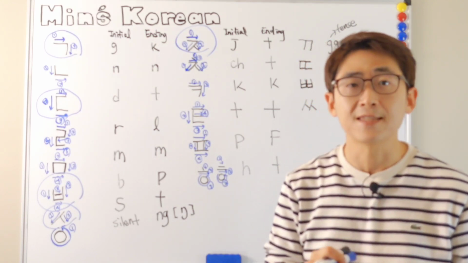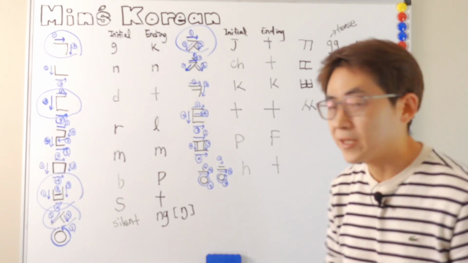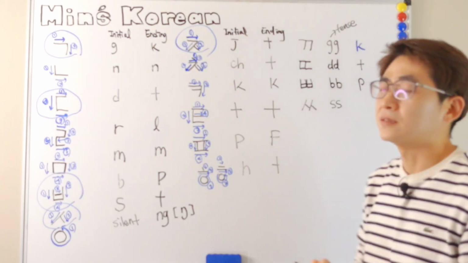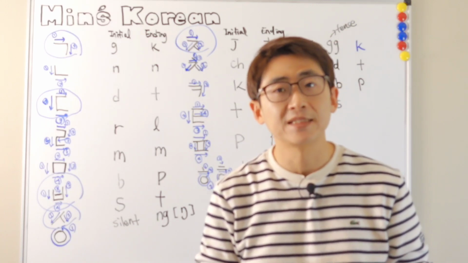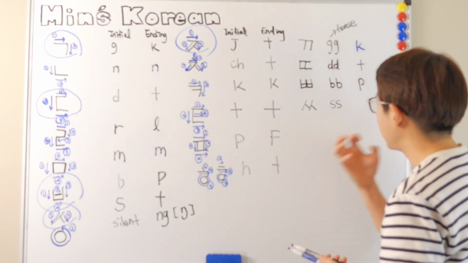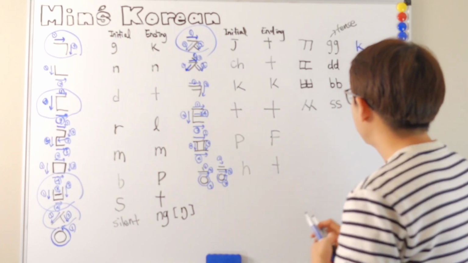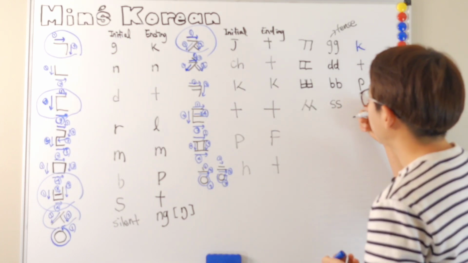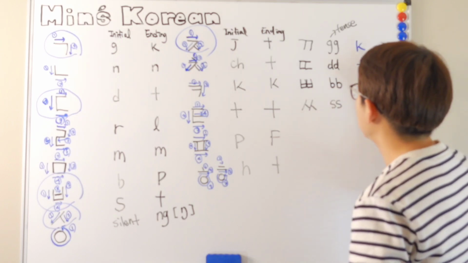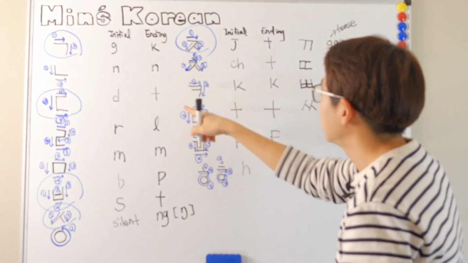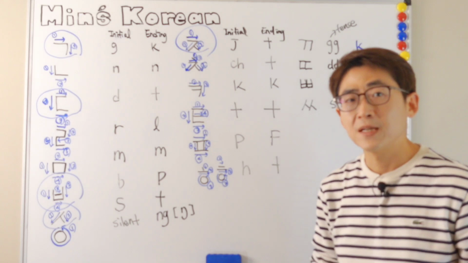Very strong and tense, okay? As in smile, smile, smite, smite, okay? You have to make a very tense sound. And when it's used as an ending consonant, it just makes the same sound as the other T ending sounds.